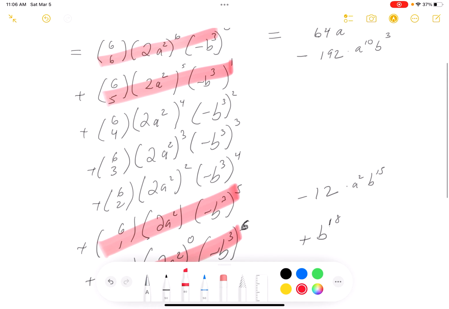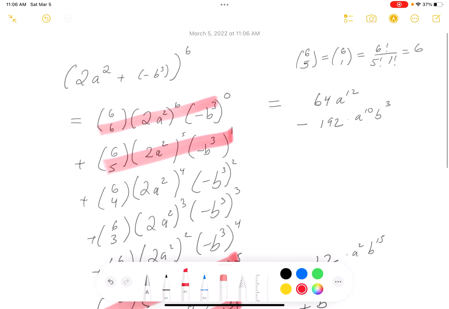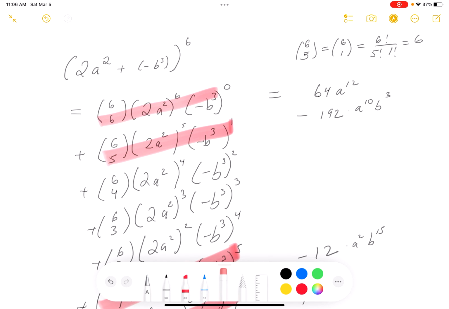And I'm going to do, let's do 6, 4. All right? So I'm going to go up here and make my erasure. And I want to point out 6, 4 is identical to 6, 2, which is 6 factorial over 4 factorial, 2 factorial.